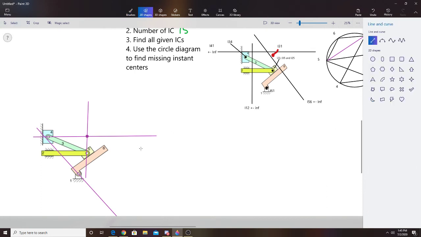So 1,3 and 3,5. That means we have to draw a line from 1,3 to 3,5. So what does a line from 1,3 to 3,5 look like? This one worked out fairly well.